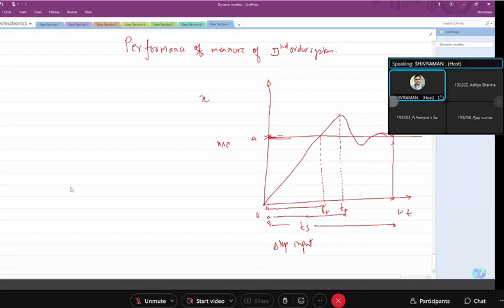To reach this time tr, the system is completing a quarter cycle of pi by 2, and to reach this time tp the system is completing a half cycle of pi. Likewise, it will be completing the cycle. The peak value it is reaching, the distance from the steady state value to the peak value is termed as overshoot.